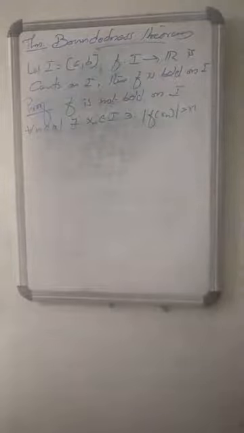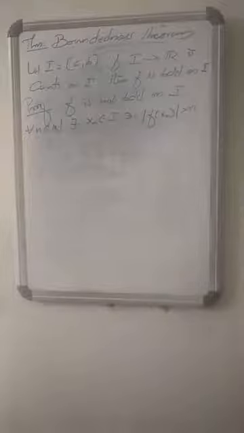Why? Because we assume that f is not bounded on I. So by the condition of unboundedness, for all n in N, there exists x_n in I such that |f(x_n)| > n itself.